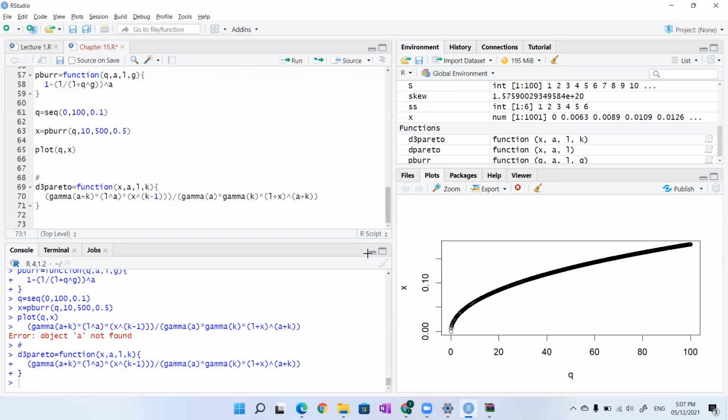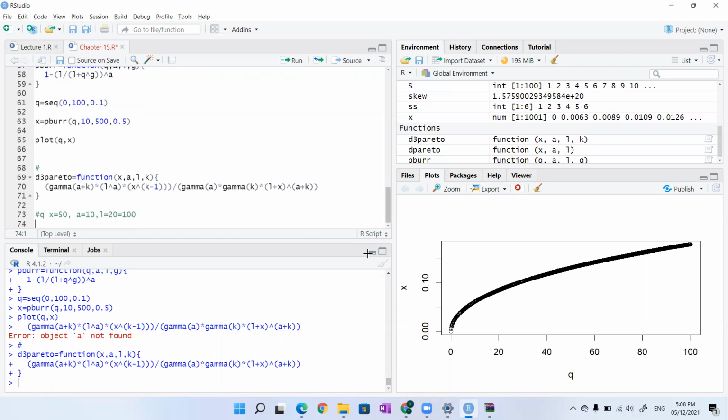Suppose now the question is to find the Pareto distribution of x equal to 50, given that alpha is 10, lambda is 20, and k is 100.